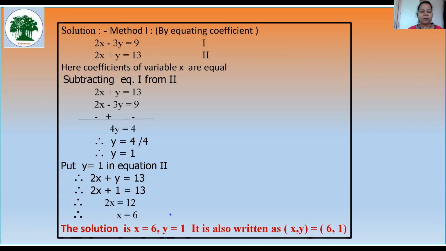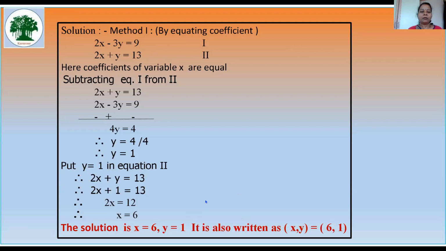So the solution of the linear equations by elimination of a variable by equating coefficients is x is equal to 6, y is equal to 1. It is also written as (x, y) is equal to (6, 1). This is the solution of the simultaneous linear equations in two variables.